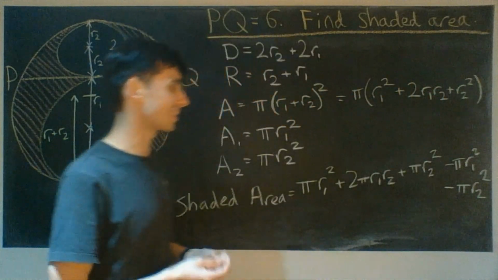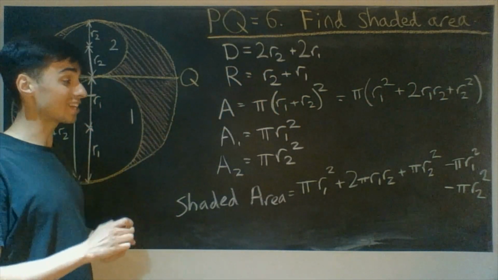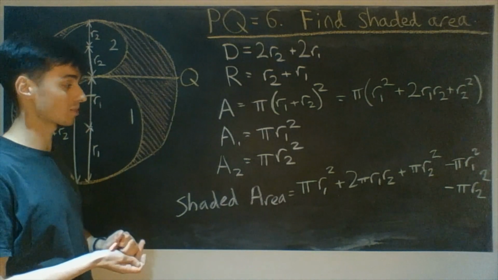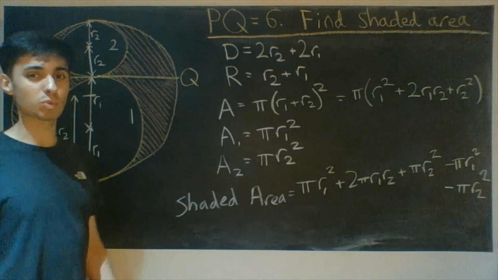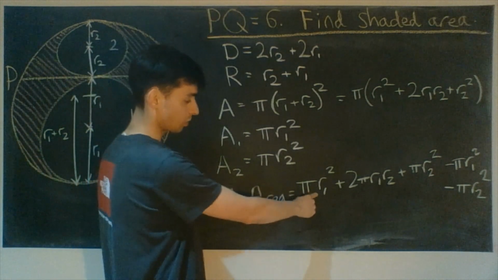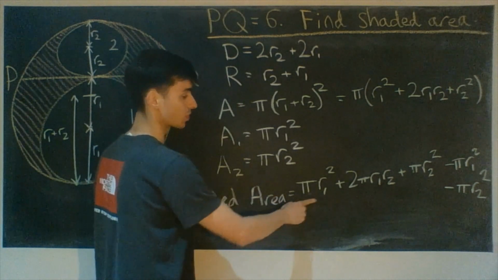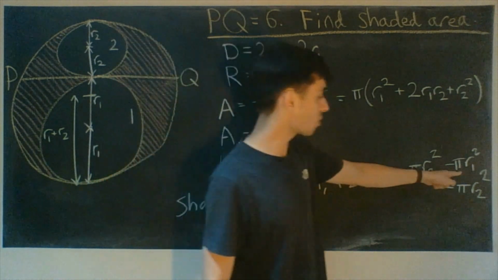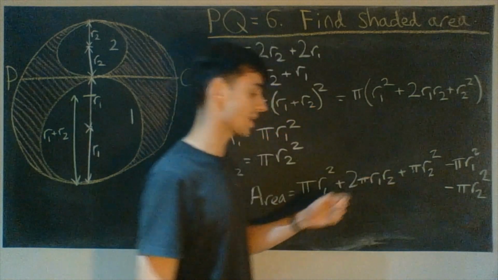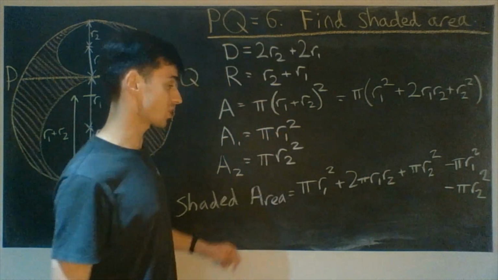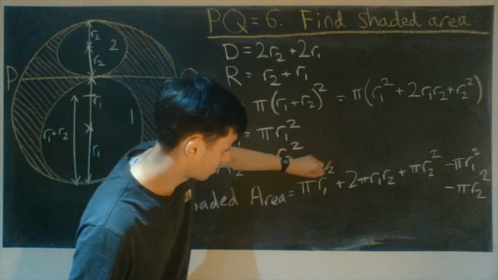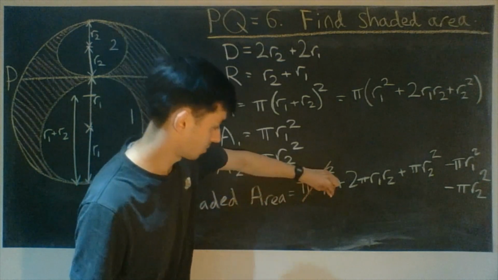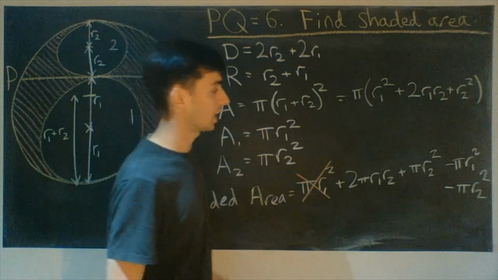Well, at this point we can see some terms that are really nicely about to cancel out. So let's have a look at which ones do. We've got a plus pi r1 squared, and we've got a take away pi r1 squared. They definitely cancel out with each other. So let's get rid of this term, if we cross it out, and also this term.